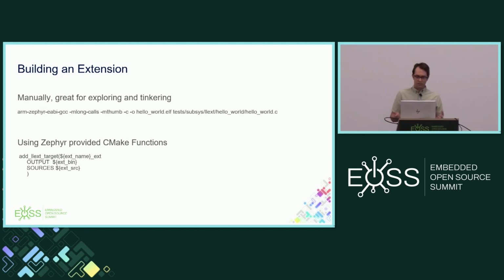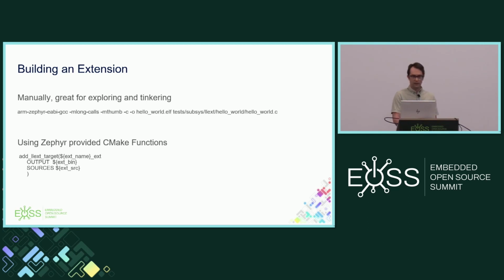So how do we actually build one of these? Here's a quick little sample. When I first started doing this, it was very nice to just be able to call the compiler directly and do object dumps and see all of this ELF data. I think it's still quite nice to be able to do this manually, to experiment and tinker, and as I was looking at these relocations and trying to understand it all better, this was a quick and easy way to do it without having to involve all of CMake.